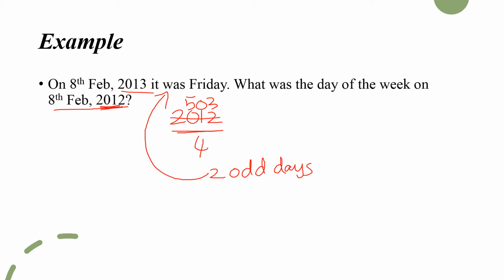Why don't we add the 2 odd days to Friday? Because we have to find for the before year. So we have to subtract these 2 odd days from Friday. If we subtract these 2 odd days from Friday, it gives you the value Wednesday. So the day of the week on 8th February 2012 was Wednesday. Next, move on to the next problem.